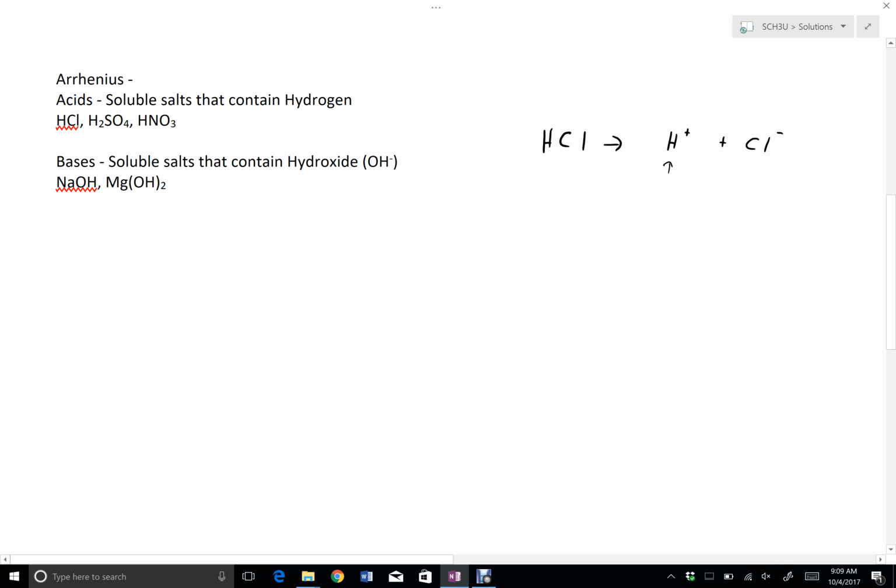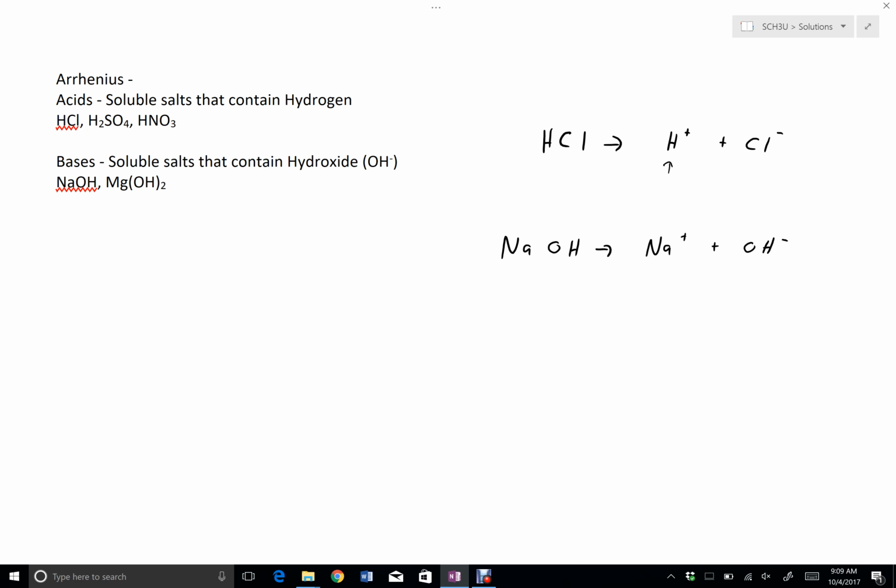And a base is a salt that contains hydroxide, and so when it dissolves in water, it naturally raises the amount of hydroxide in the water.